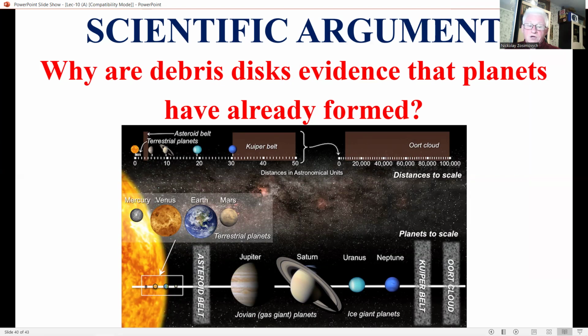Astronomers have reason to expect that where you find comets, asteroids, and Kuiper belt objects, you should also find planets, so the dust disks seem to be evidence that planets have already formed in such systems. Now build a new argument. What direct evidence can you cite that planets orbit other stars?